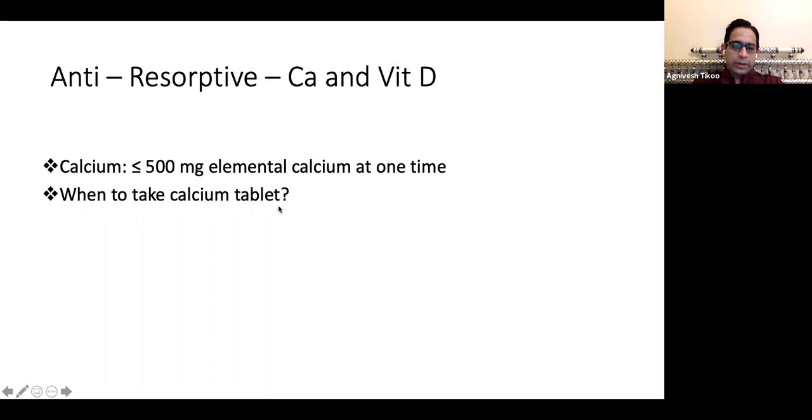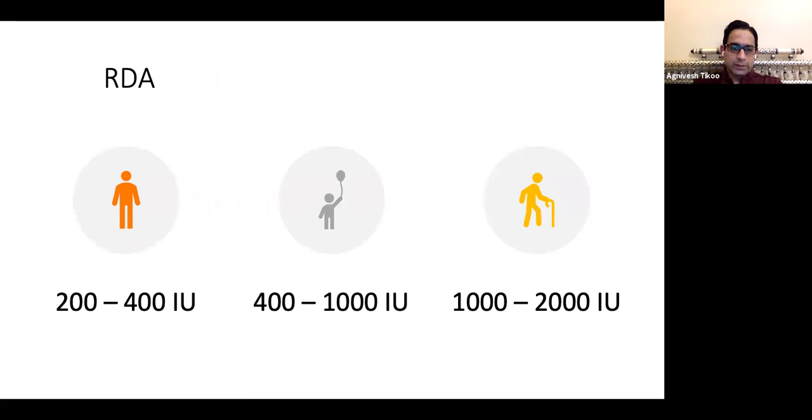The ideal time to take a calcium tablet, especially the carbonate formulation, which is the older tablet, is after dinner, around 2 hours after dinner, so that you have an empty stomach and no food interferes with the calcium absorption. A newer salt called calcium citrate maleate is independent of food absorption because it depends upon amino acid transfer, and you can get better absorption with these.